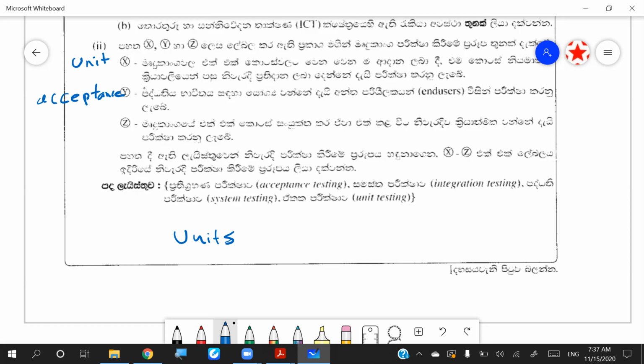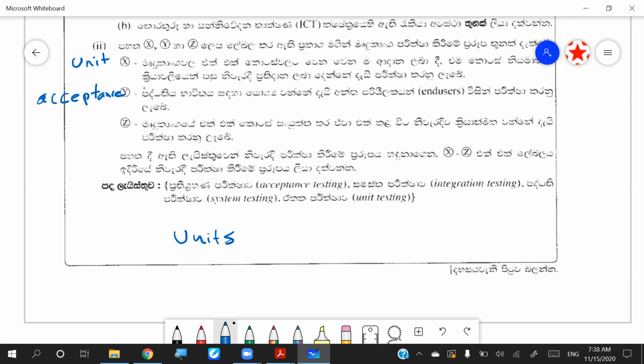And why does this take the word acceptance? For the very first time, when the system is handed over to the client, the one who gave the job, he or she is given a chance to test and see whether it is the system that was requested. At that moment, if the system is not up to satisfaction or not up to the requested things, the client can reject it.